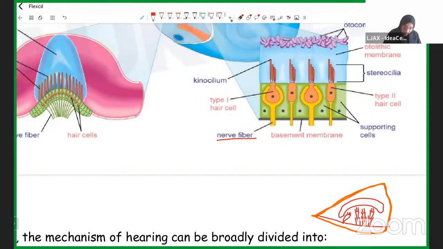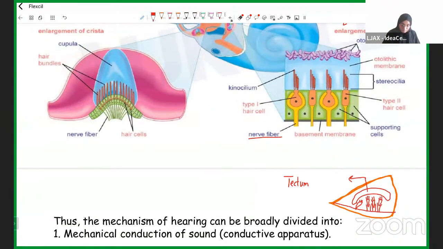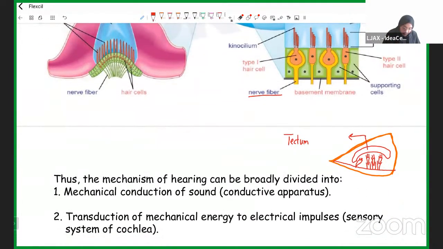And those hair cells will start brushing on the tectorial membrane. Here we have the tectorial membrane. So it will start brushing that tectorial membrane. And now the signal will enter into your auditory nerve, and that auditory nerve will send the signals to the brain.